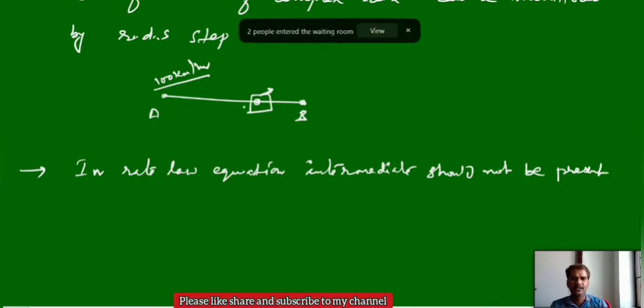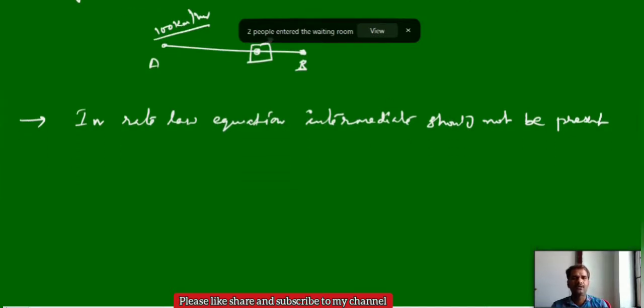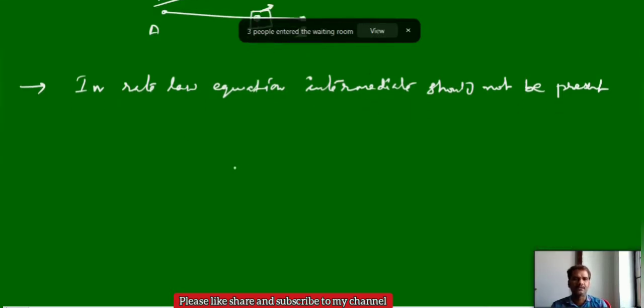Generally, let us assume that the RDS step involved some intermediates. Then you cannot write the rate equation with intermediates. Then what to do? You have to remove that intermediate by using some other parameters or other reaction conditions. That we will discuss later, how to write the reaction mechanism and the rate law equation if intermediates are involved. But the rate law equation should not include the intermediate.